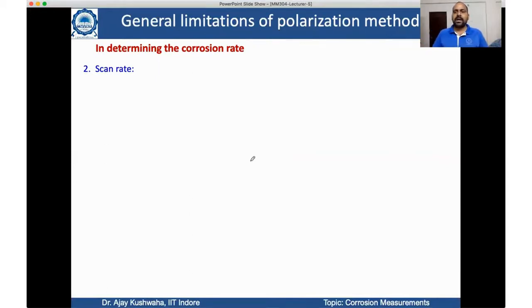Scan rate means how slowly or quickly we are switching the applied current.